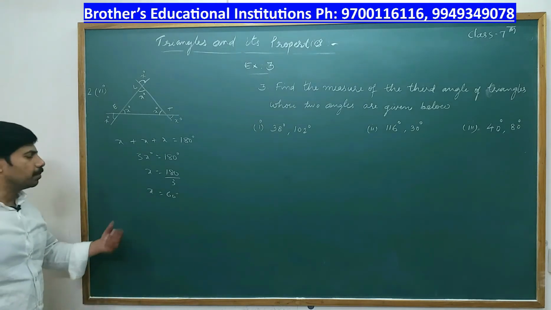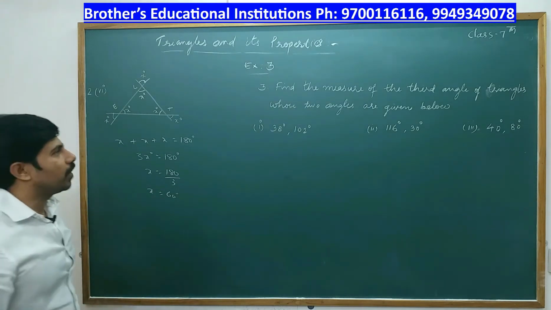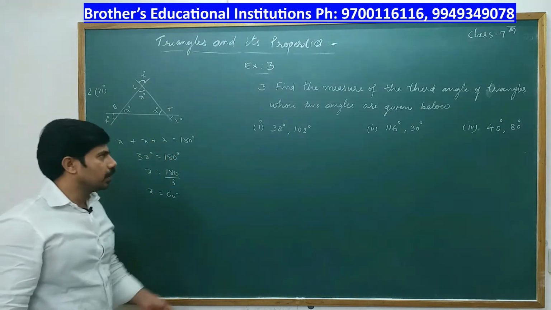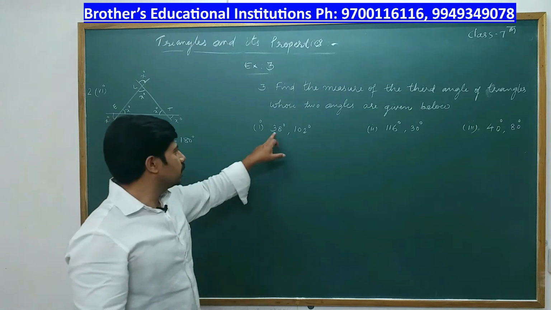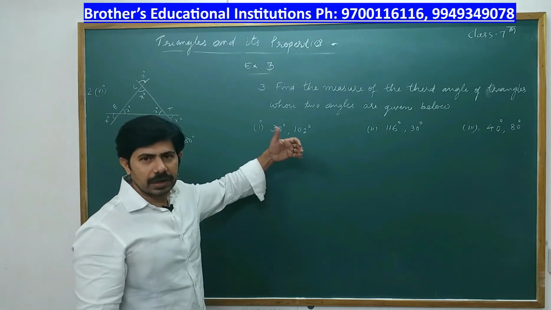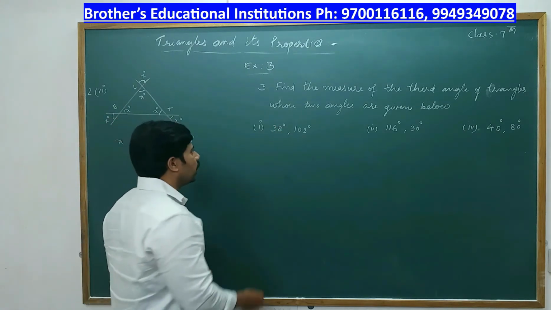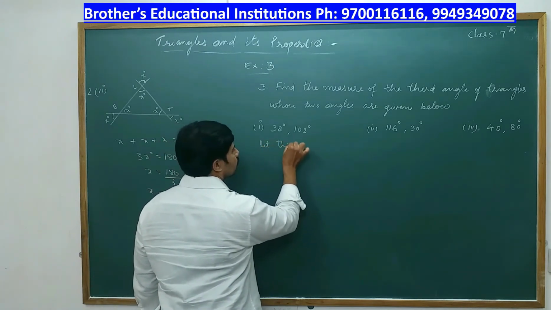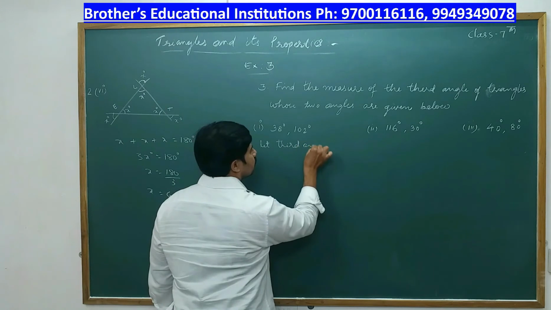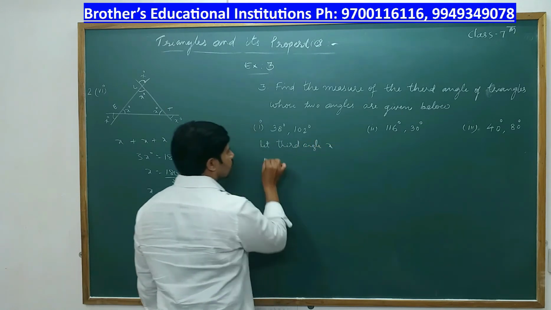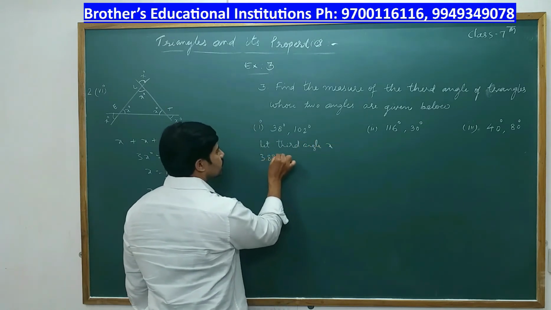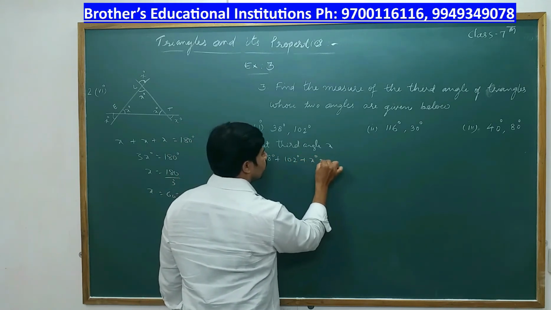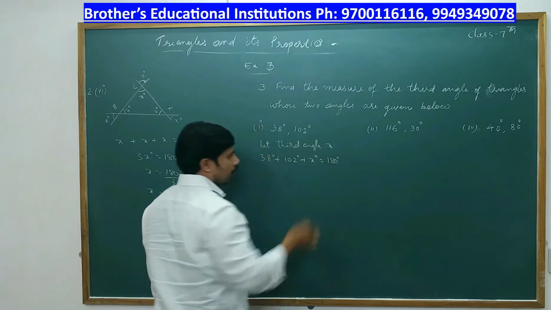This is completed. Now the next problem: find the measure of the third angle of a triangle whose two angles are given. In a triangle we have three angles. Two angles are given to us, and the third angle we need to find. So I'll let the third angle be x. So 38 degrees plus 102 degrees plus x degrees is equal to 180 degrees.